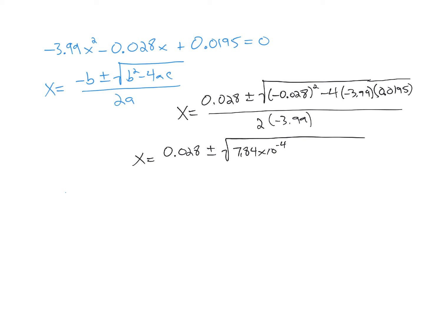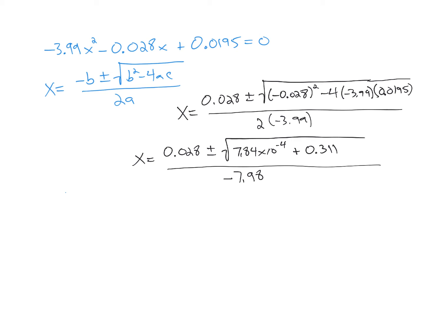And then we have negative 4 times negative 3.99 times 0.0195. And so the two negatives come out to be positive 0.311. And then all of that is divided by 2 times negative 3.99, which is going to be negative 7.98.